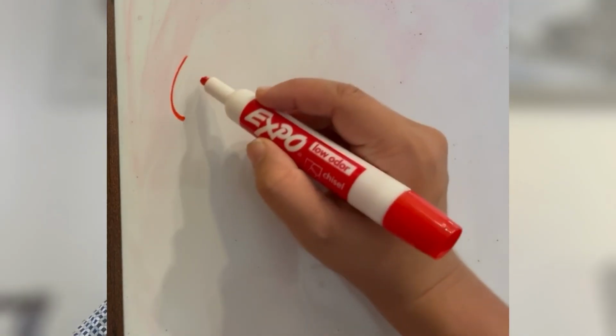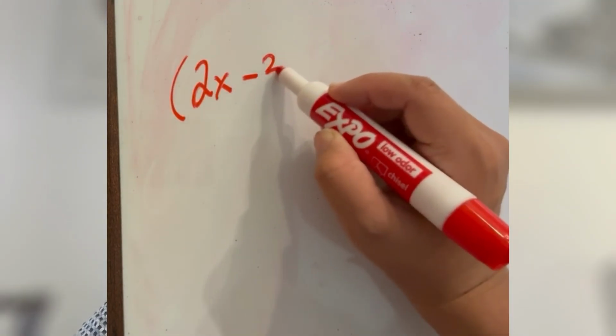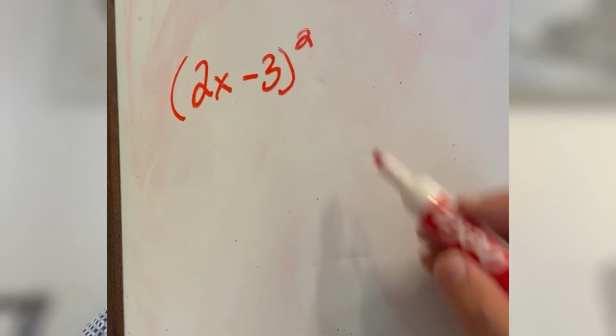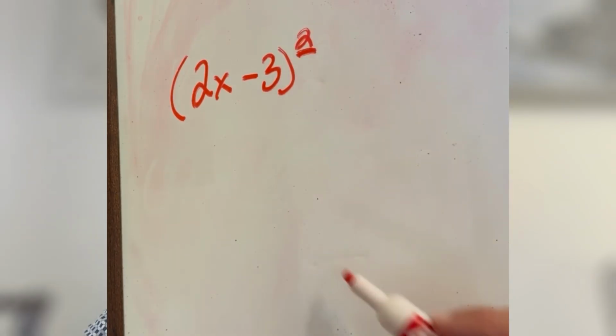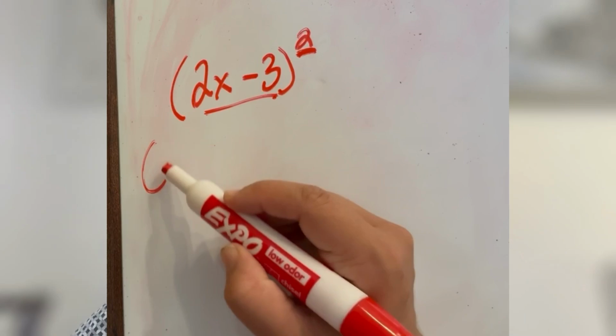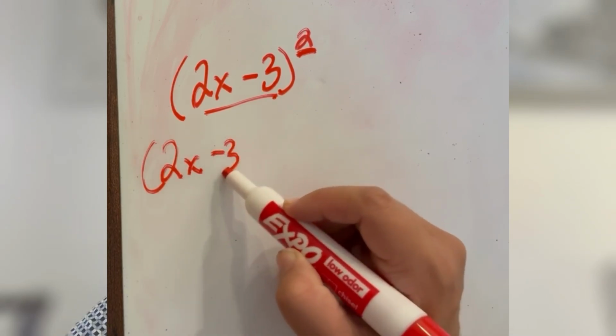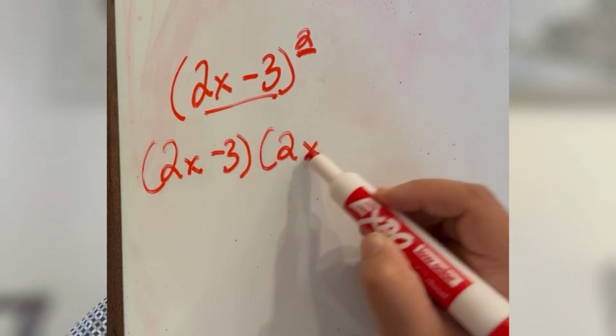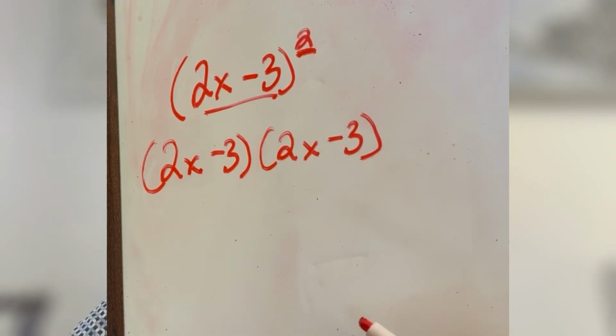All right, here's our next problem. We're going to have 2x minus 3 squared. Again, the squared's telling us how many times the base is being repeated. So we'll have 2x minus 3 times 2x minus 3.